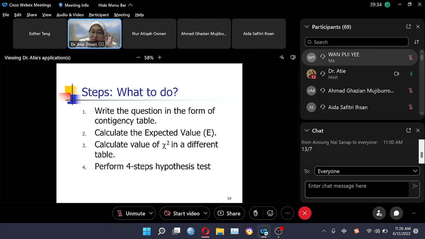The first thing we need to do is convert the question to the contingency table.